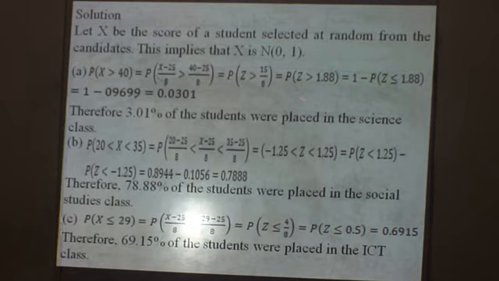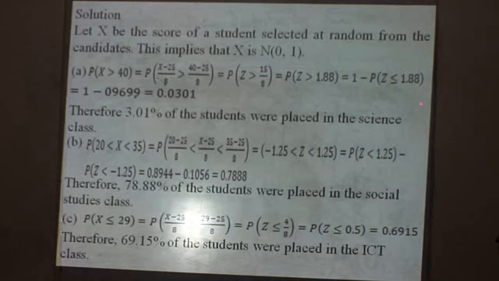And don't forget, I told you, whenever it is greater than, you always subtract its corresponding value of less than or equal to from the total area, which is 1. So the corresponding value of less than will be the probability of z being less than or equal to 1.88.